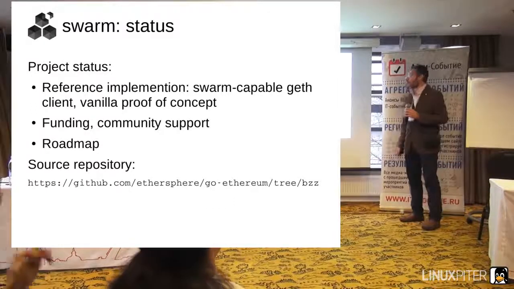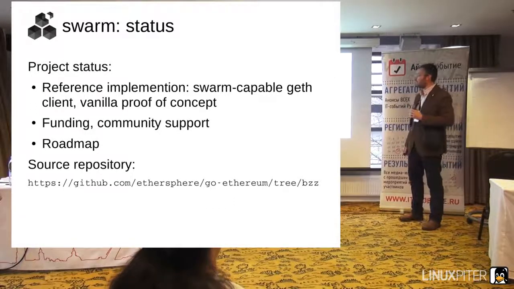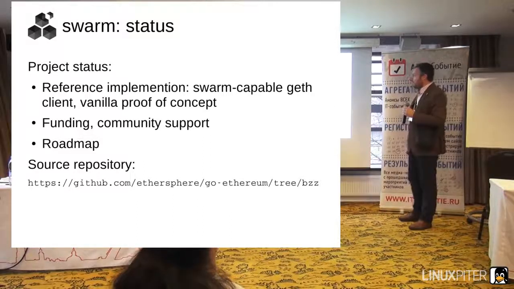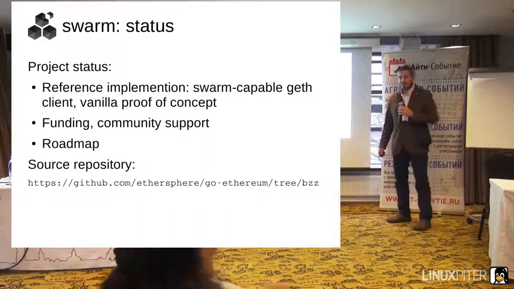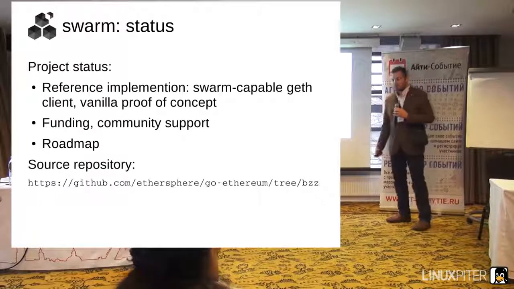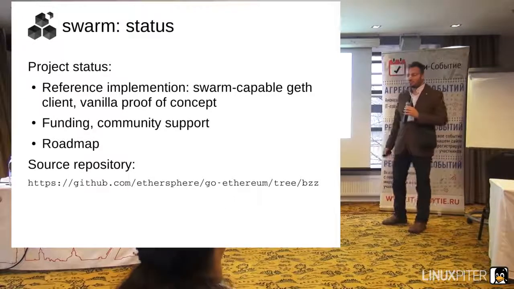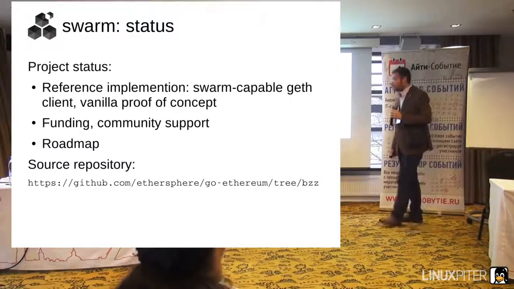What's the status of our project? We have a reference implementation in the Go programming language. It's not extensively tested, so we had some medium-scale tests with a few dozen and few hundred nodes, but we're still preparing for the large-scale test within the Ethereum community.